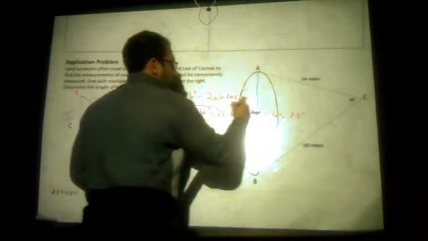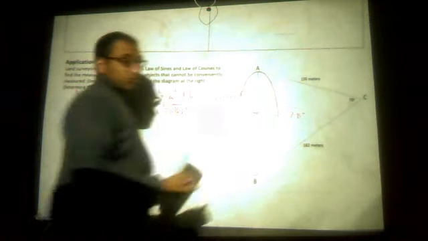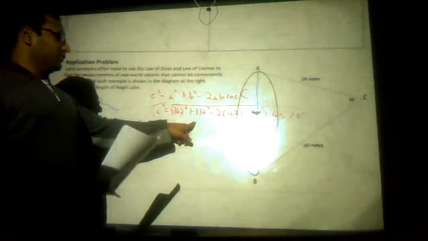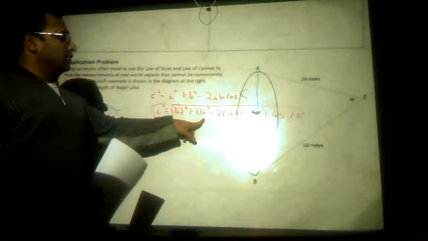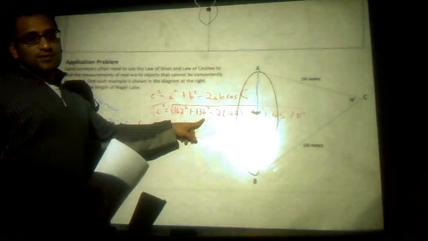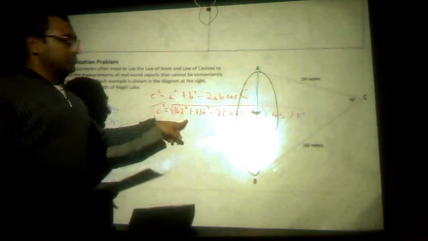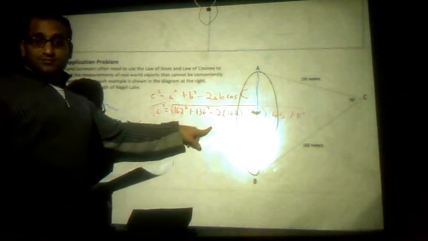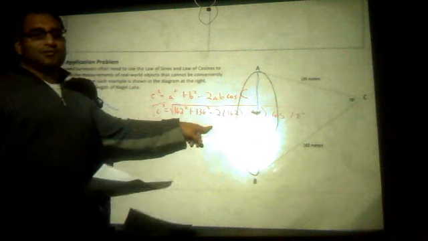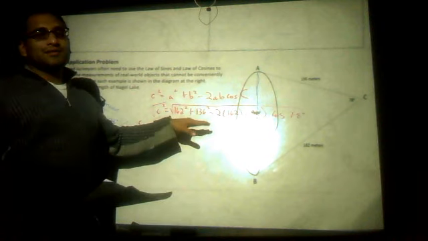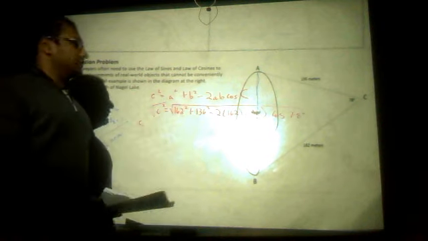When you take the square root, this is when you have to be super careful, because you have to plug into your calculator exactly correctly. Otherwise, it's going to screw up your answer.